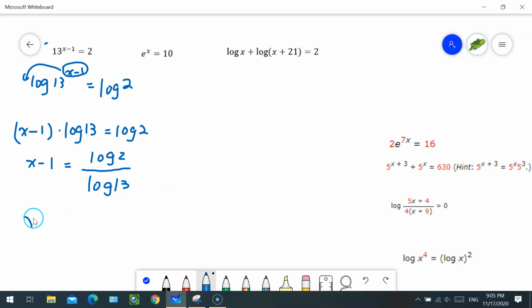And then you add 1 to the right hand side, log 13 plus 1. Then you use a calculator to solve for the decimal number. Okay, you can do this part yourself.